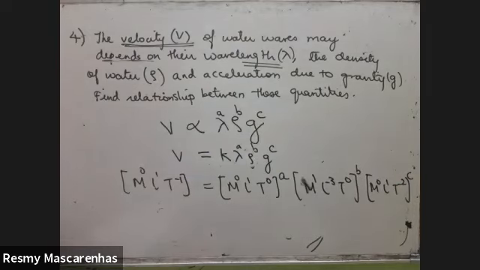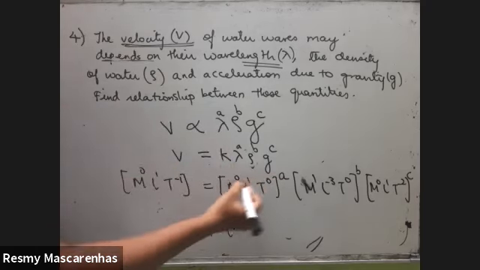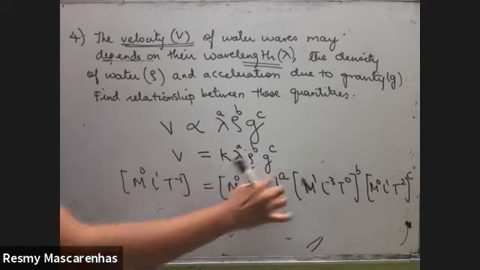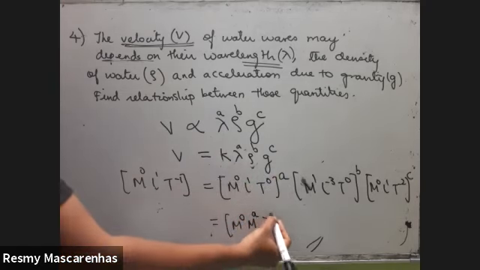Now multiply all the powers inside and then add the powers. 0 into A will give me 0. 1 into A will give me A. Again 0.